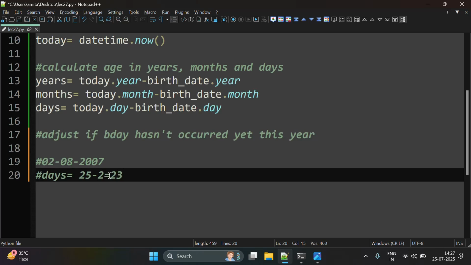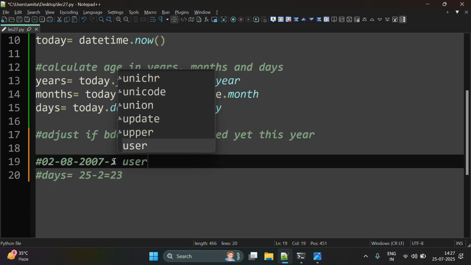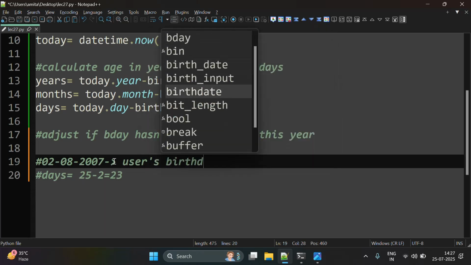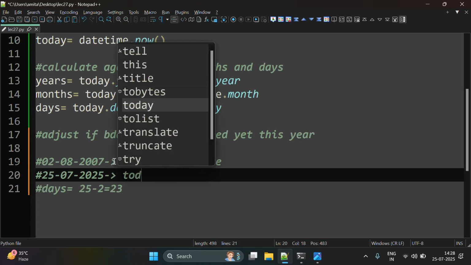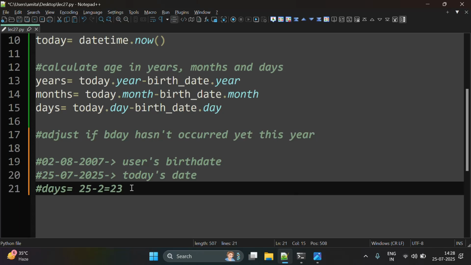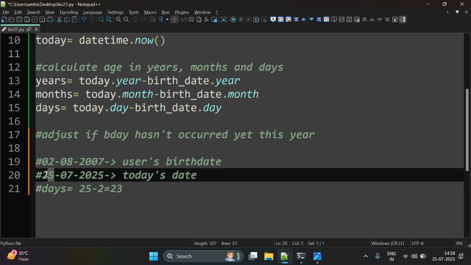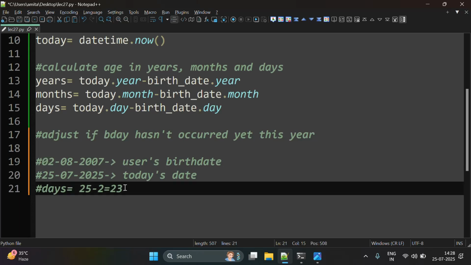How? Because today's date is 25 July 2025, so let us write today's date here also. Days is today's date minus the user's birth date: 25 minus 2, which is 23.